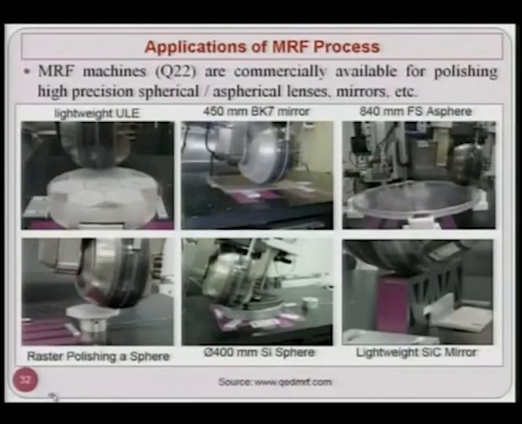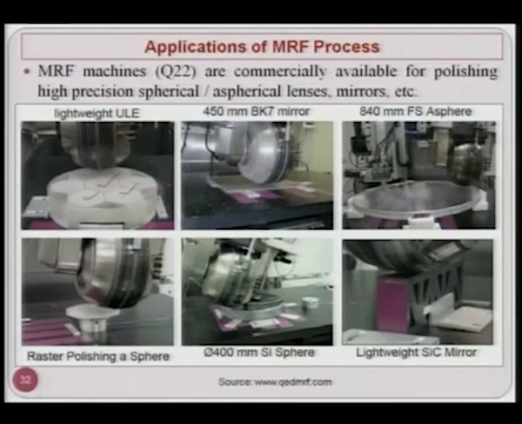There are some other applications which are shown over here, which have been taken from the internet, and you can clearly see lightweight ULE being finished over here. These are the work pieces which are being finished, and then mirror finishing is there. This is the ribbon being formed, this is the carrier wheel over there, and this is the S-sphere surface which is finished with the help of the carrier wheel or MRF process.